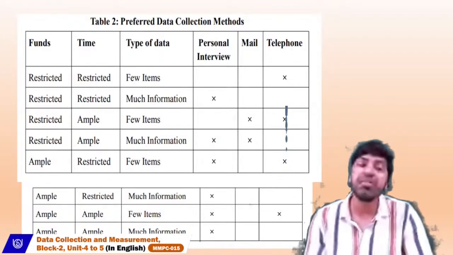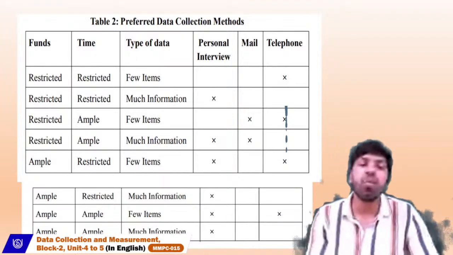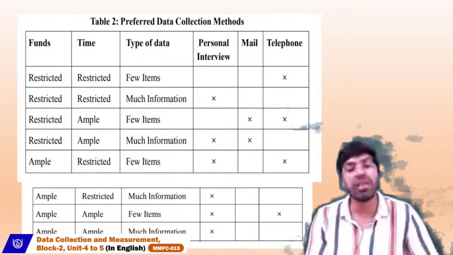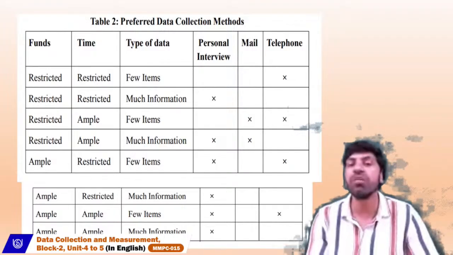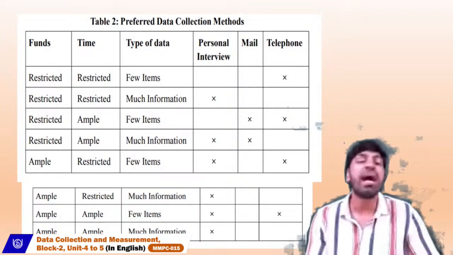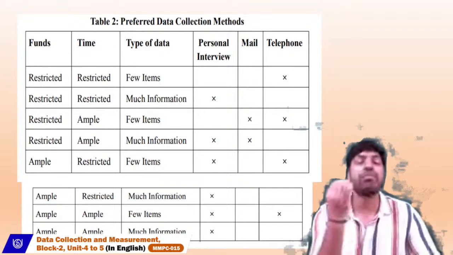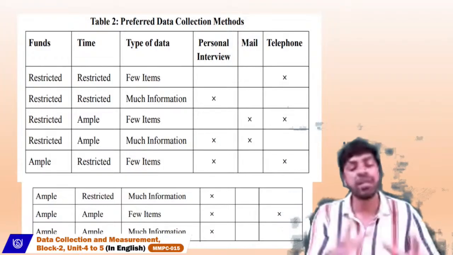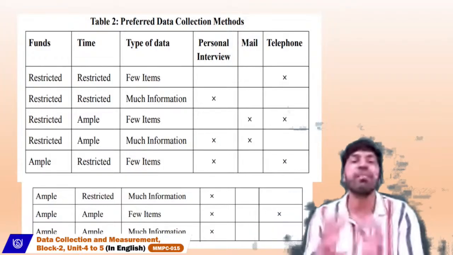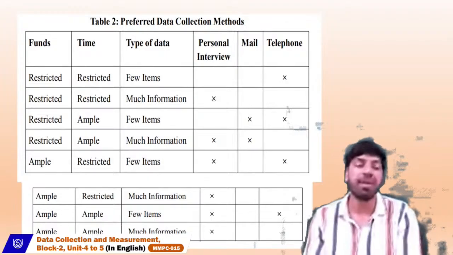When funds are restricted, time is ample, and very much information is required, then of course the telephonic interview is more preferred. When funds are ample, time is restricted, and the data consists of a few items, then the mail questionnaire is well enough and preferred.